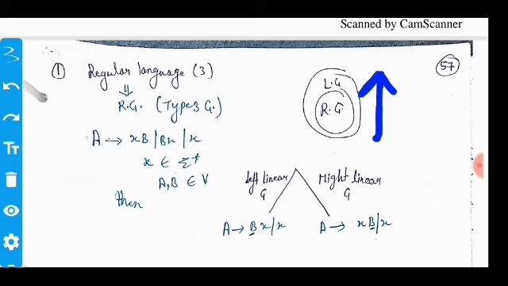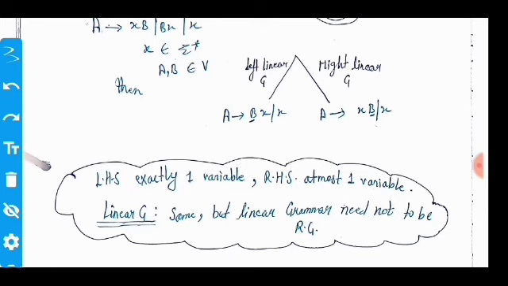If any grammar is regular, then it is also contained in all the other types of grammar, like linear grammar, context free grammar, context sensitive grammar and recursive grammar. But vice versa does not hold. Hence we say that linear grammar need not be regular grammar.